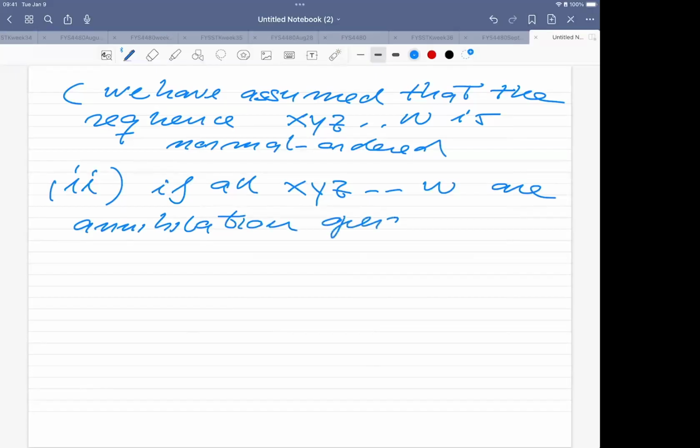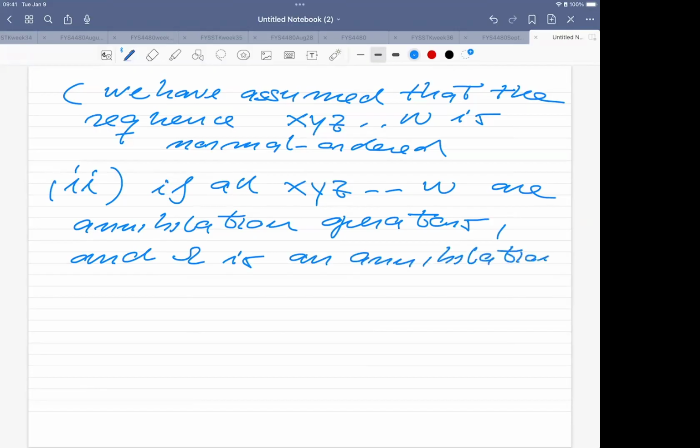If that is the case, then with omega, this is also a pretty trivial statement, and omega is an annihilation operator. Then this lemma which we have, this L1, is also trivially satisfied.